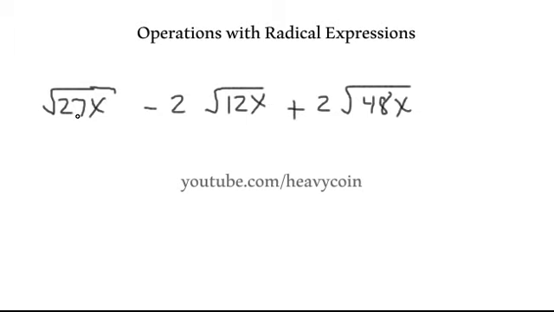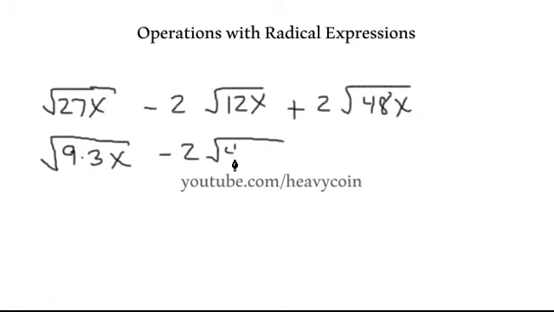So what I'm going to do is break this 27 up. We know that 27 is 9 times 3. And we know that 12 is 4 times 3. And 48, let me do a little side work over here. 48 is equal to 6 times 8.